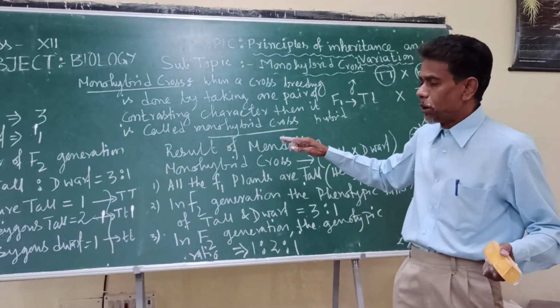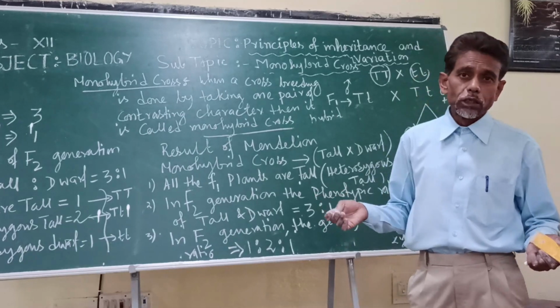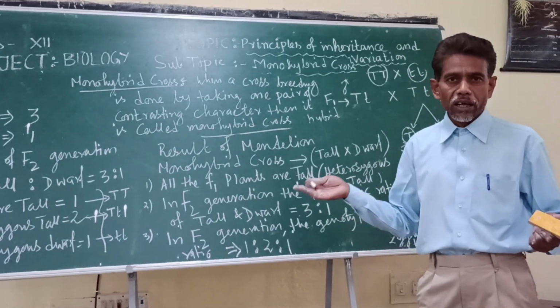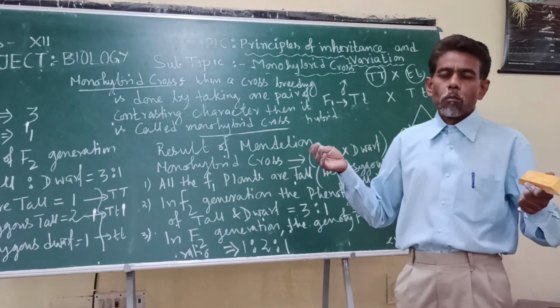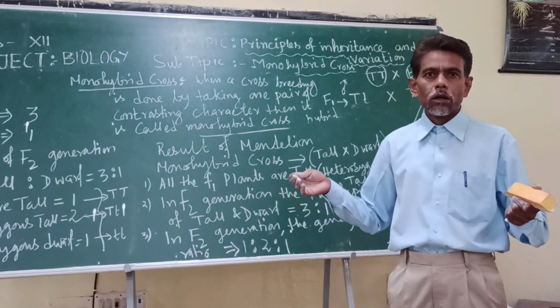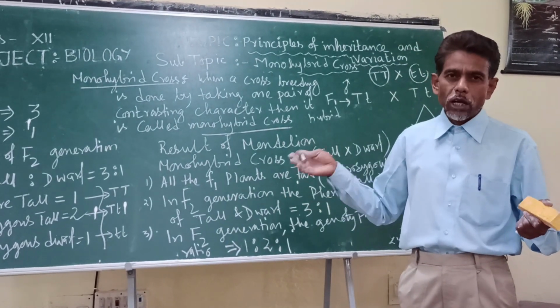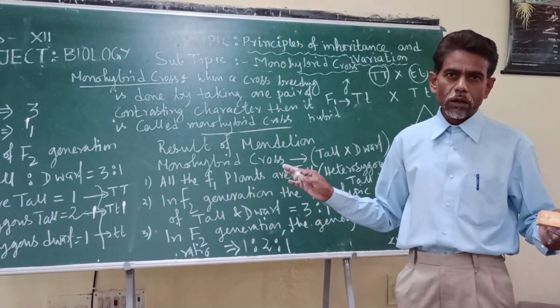The same monohybrid cross we can do with respect to round and wrinkled seed, violet flower versus white flower, or any such types.